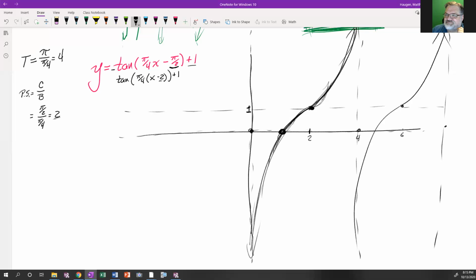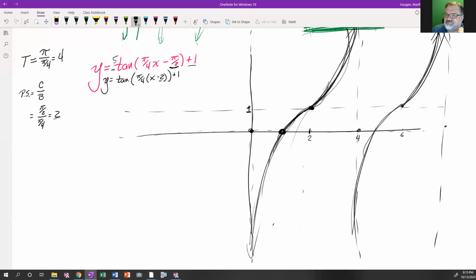That's not terribly pivotal for us, but there is an interpretation of that amplitude. If this amplitude was, say, 5, then this thing, instead of going down 1, would go down 1, 2, 3, 4, 5, and would be stretched way out down there instead. But that's not what we were graphing. And I'm not going to ask you to make those distinctions for your tangent graphs at this stage in your career.